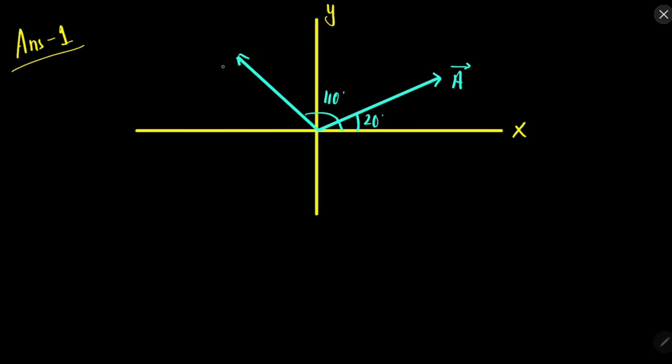This is vector B. So we have to find the resultant. The resultant of these two will be in this particular direction, approximately like this.